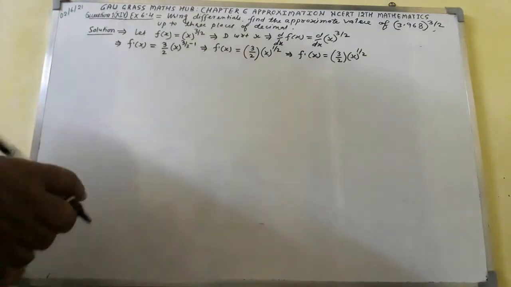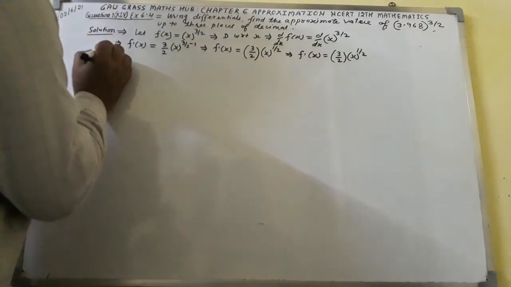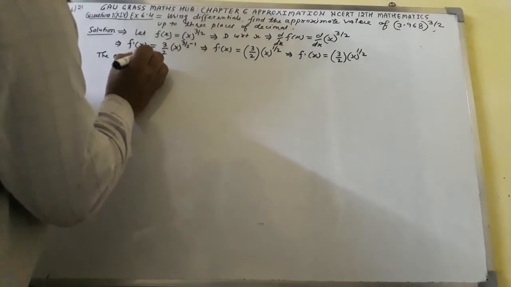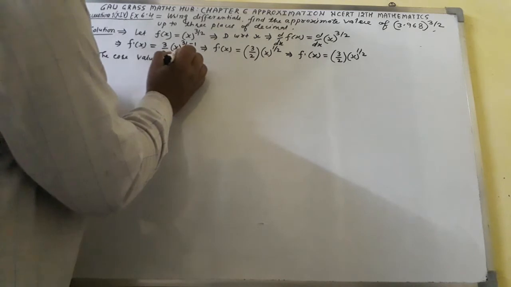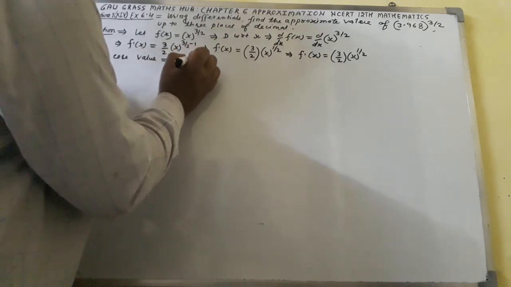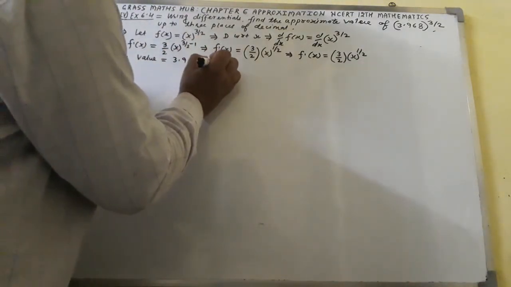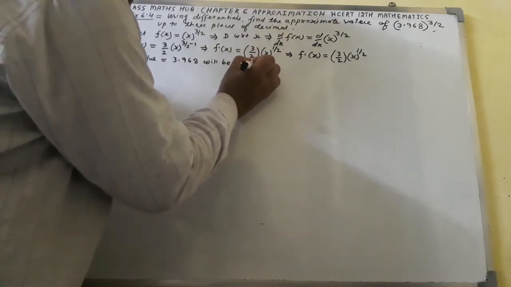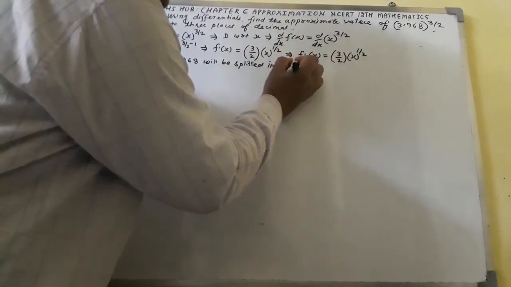Now what will we do next? Next I shall write the core value. The core value we have got is 3.968. This core value will be split into two parts.